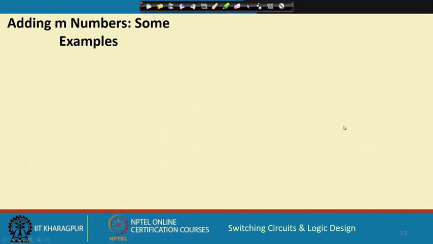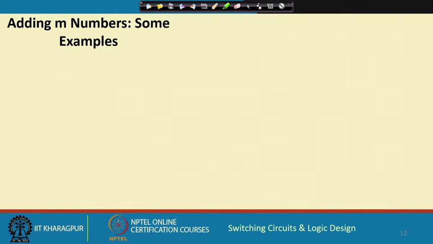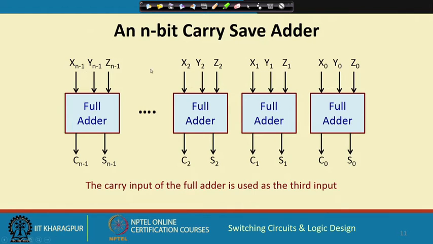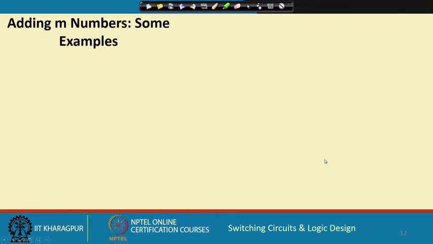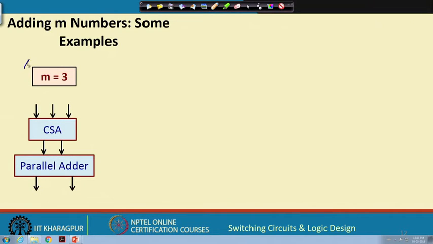So, let us take some examples. Suppose I have 3 numbers, just like I showed previously, x, y, z. In the output I generate a sum and a carry. So, it is like this. There are 3 numbers, m equal to 3. I use one carry save adder, the 3 numbers are applied in the input.